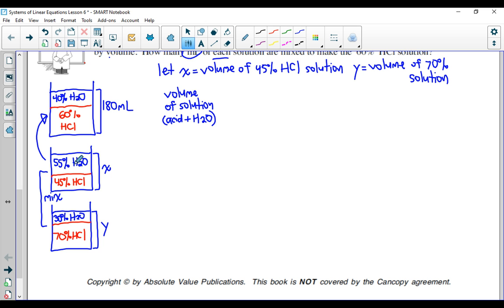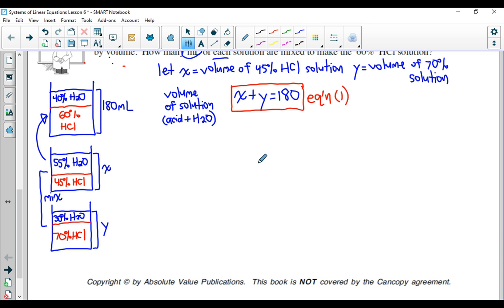It's the volume of solution in this beaker, the 45% hydrochloric acid, which is X, plus the volume of solution in this beaker, which is a 70% hydrochloric acid, which is Y. X plus Y must be equal to 180 because you're trying to obtain 180 milliliters of 60% hydrochloric acid solution. So your first equation would be X plus Y is equal to 180. And we'll go ahead and box that. We're just going to label it as equation number 1.